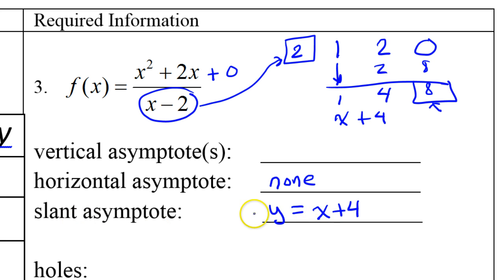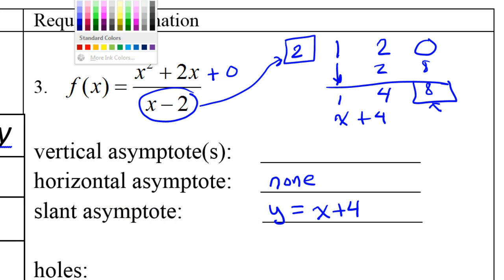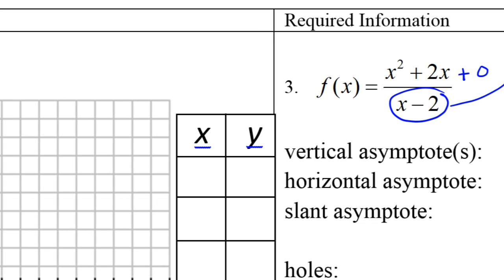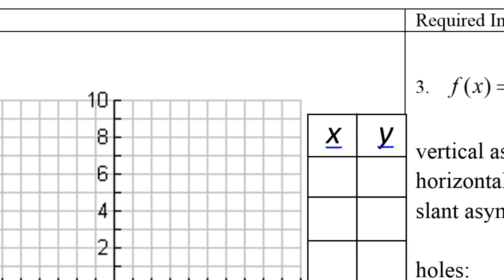Now, the slant asymptote is a line. Think y equals mx plus b. So this 4 is the y-intercept of this line. And then the slope is 1 over 1. Okay? It's the coefficient. So I'm going to start at 4 because that's my y-intercept. Okay, so my slant asymptote is going to start off right here.